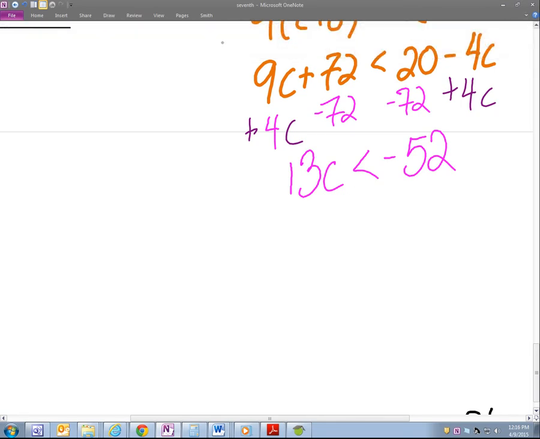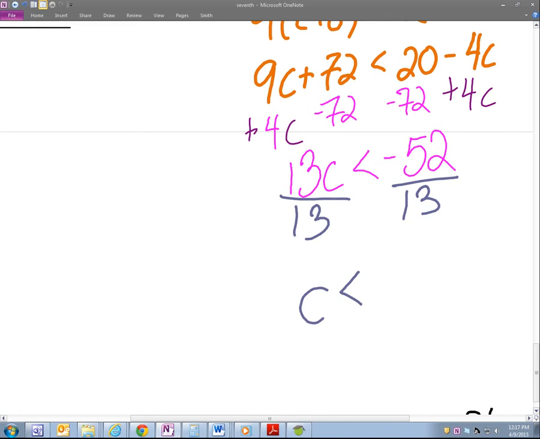Divide them both. By how much? 13. 52. I'm thinking it's 4, because 4 times 3 is 12. 5 wouldn't work. 4 times 13: 4 times 10 is 40, plus 4 times 3, which is 12.